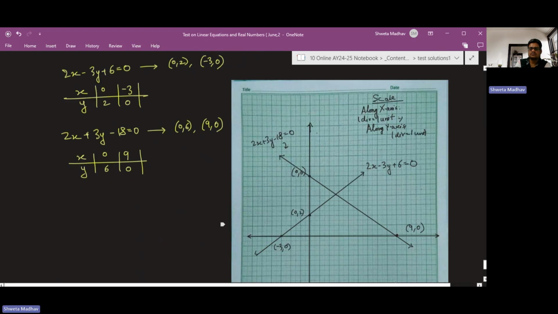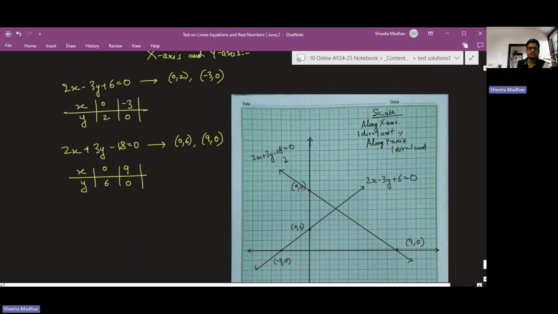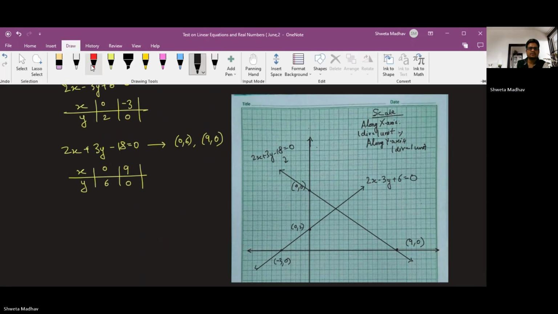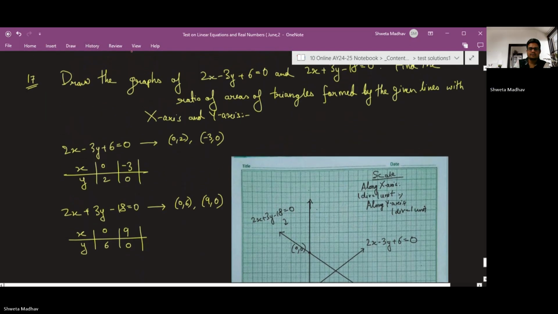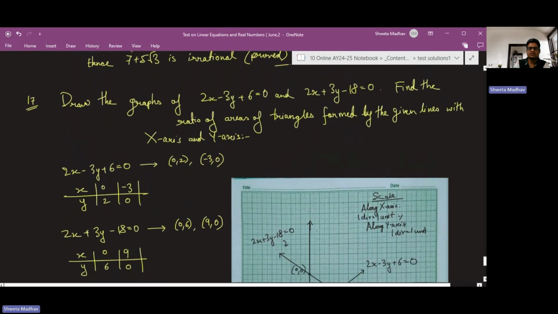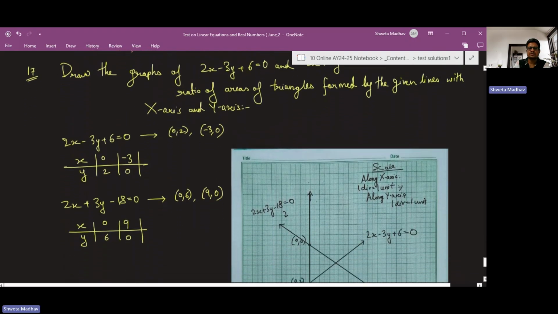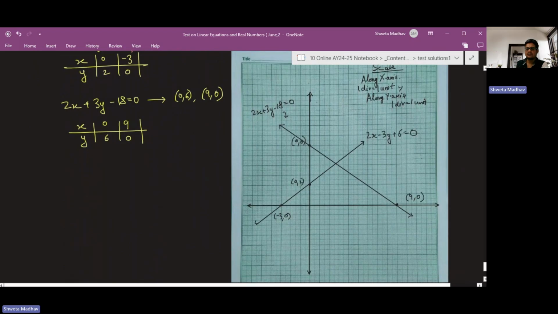So now here we have to find the ratio of the areas formed by the given lines with the x-axis and the y-axis. As you can see, this is the x-axis, which we can write as x o x dash, and this is y o y dash.